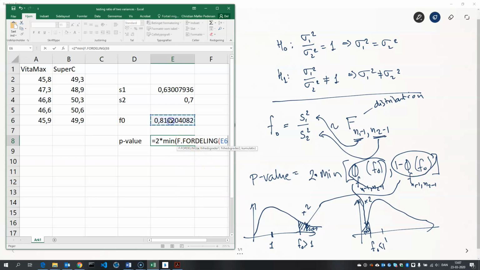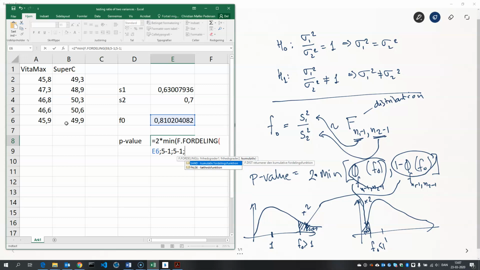And we insert the test statistic. The number of degrees of freedom is 5 minus 1 for the numerator here, and for the denominator, so that's sample 2, that's also 5 minus 1, but it doesn't have to be the same number every time.